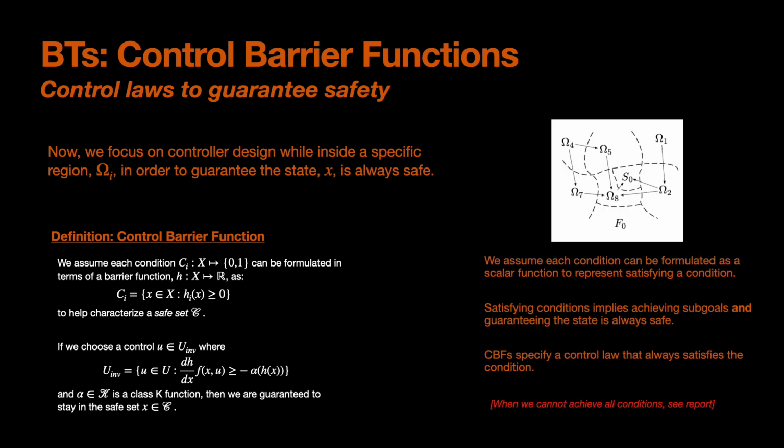So shown pictorially, we assume that each condition can be formulated as a scalar function h, and satisfying a condition implies achieving some subgoal, which implies we're always guaranteed to keep the state safe. So a CBF specifies a control law that always satisfies a condition.